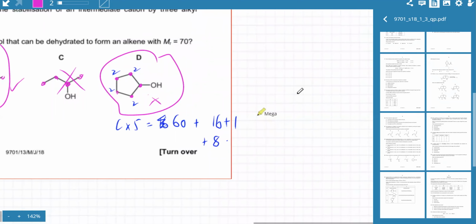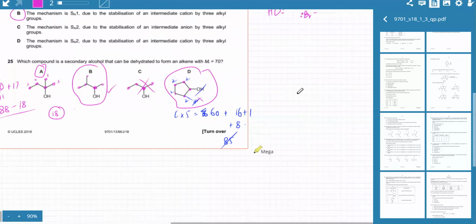Ibrar, what's the total for this? 85. Yes, that's 85. And if it gets dehydrated, the OH is removed and the H is removed from the neighboring carbon, so that's a loss of 18. So that's not 17. Okay, so it's going to be B.